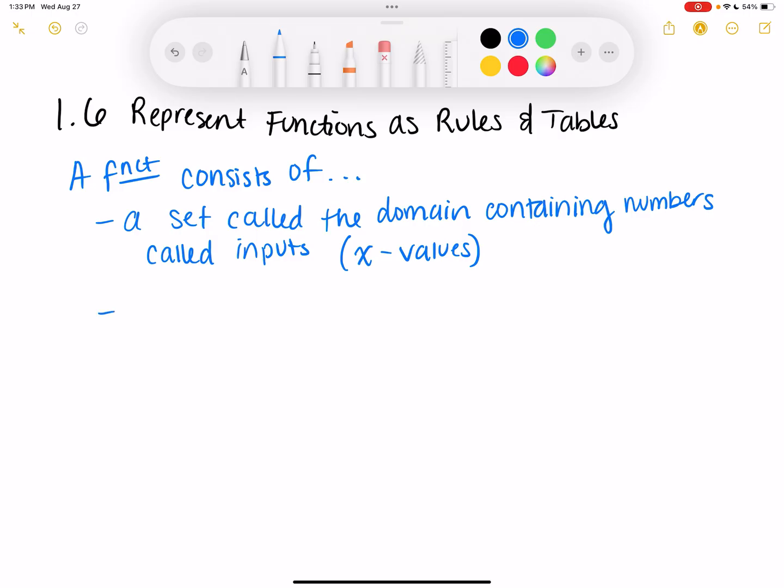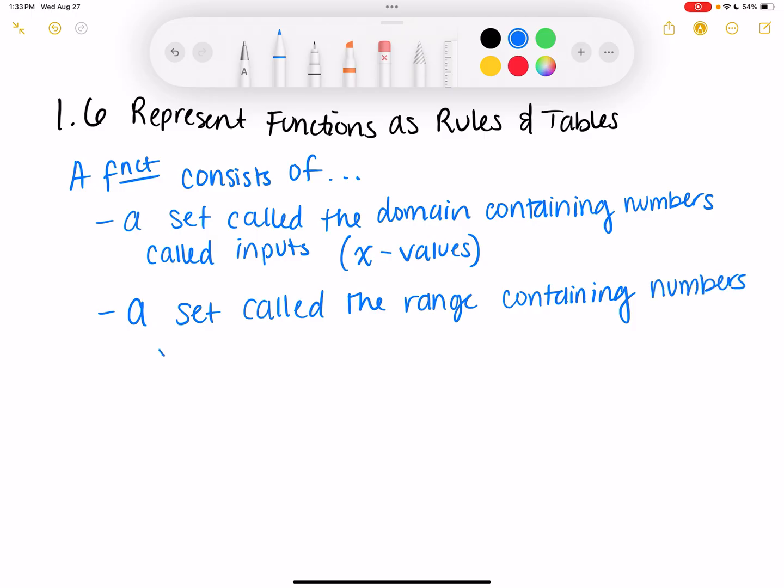And then the y values are a set called the range containing numbers called outputs, which are the y values.